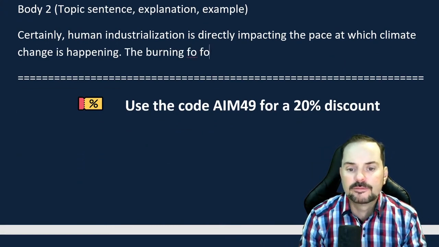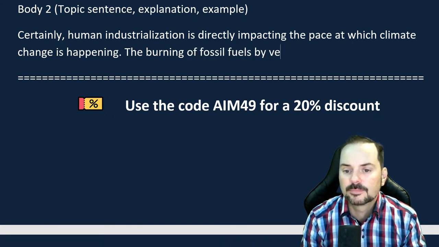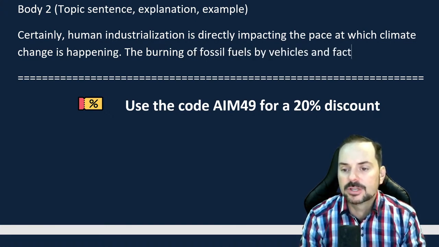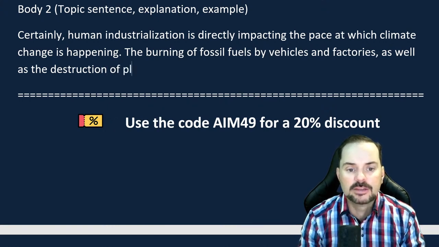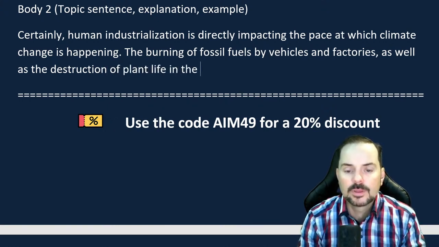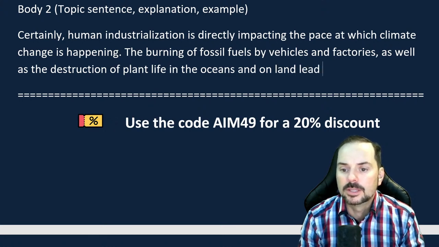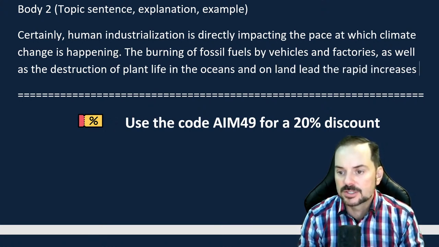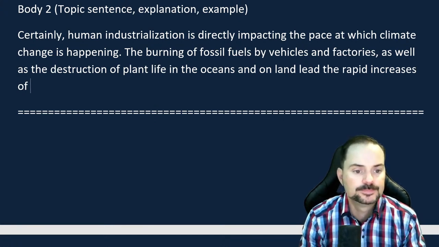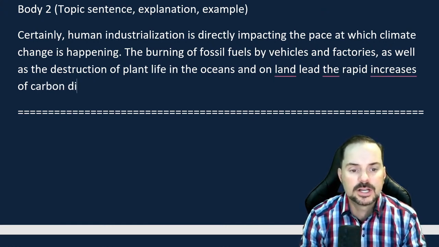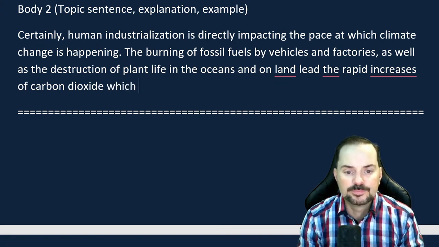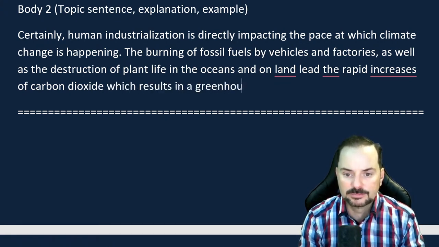The burning of fossil fuels by vehicles and factories, as well as the destruction of plant life in the oceans and on land, lead to rapid increases of carbon dioxide, which results in a greenhouse effect.